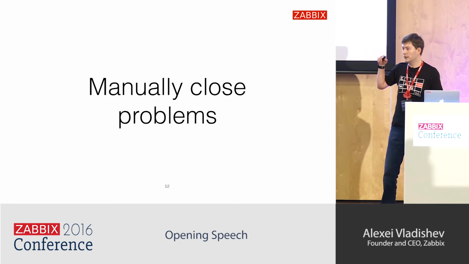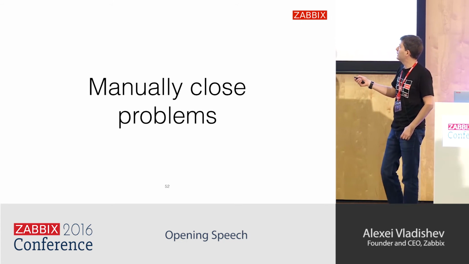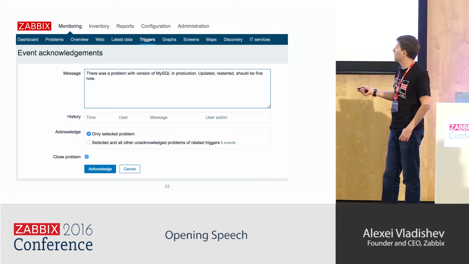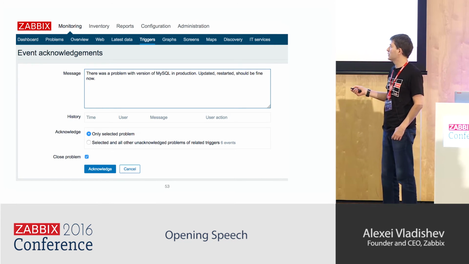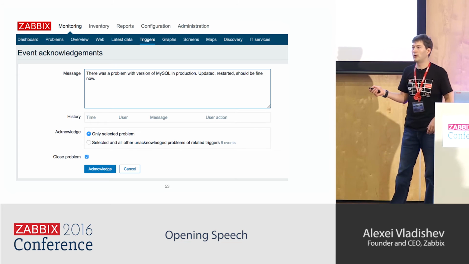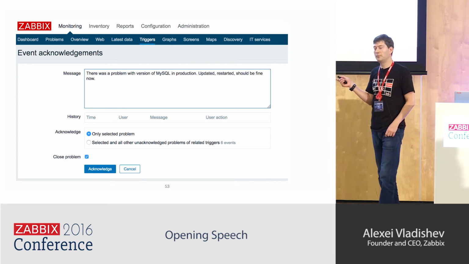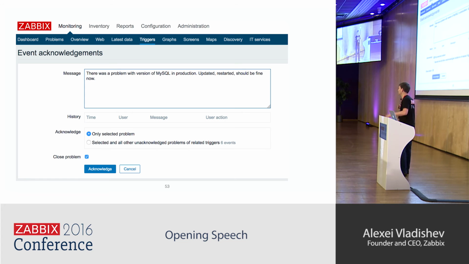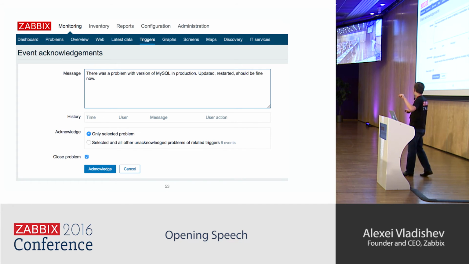And now when you do event acknowledgement, there is an additional checkbox which is called close problem. But not all problems can be closed. It should be allowed on a trigger level. On trigger level, you specify that we allow closing of this particular problem. So that's very nice.